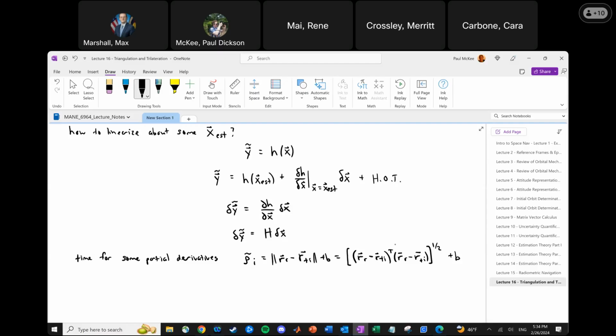I'd rather write it out this way because the norm is a weird operator. I'd rather it just be the square root of the sum of the squares of the elements, which is what we're accomplishing here anyway.